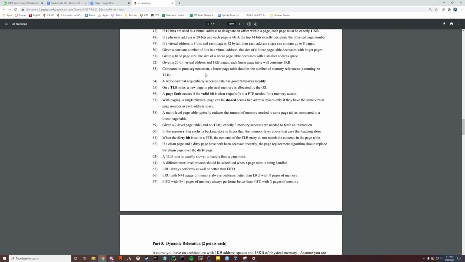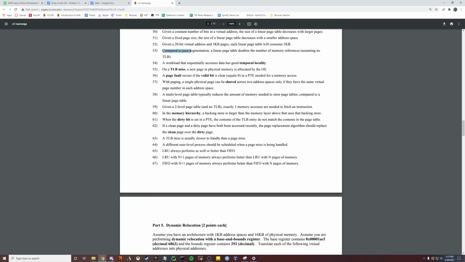Great. Okay. 53, compared to pure segmentation, a linear page table doubles the number of memory references, assuming no TLB. I really don't remember pure segmentation at all. Well, pure segmentation is just base and bounds, and those are stored in registers, so you don't count them as memory accesses. Okay. So, assuming no TLB, is that accurate?